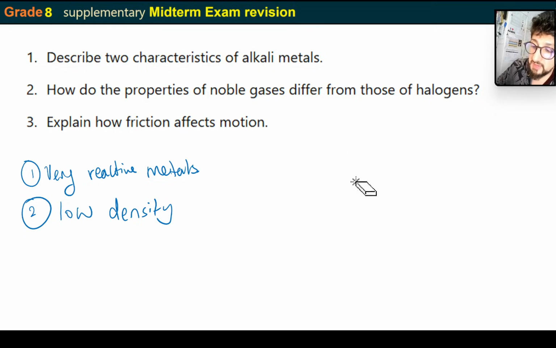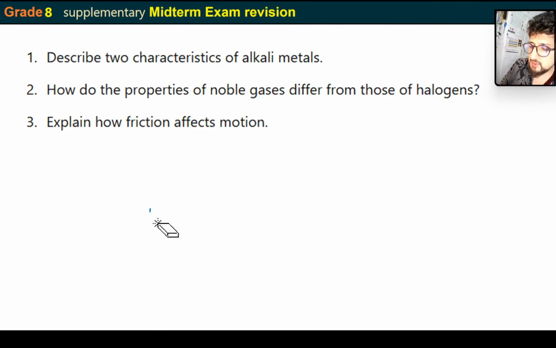Anyway, all of them have one valence electron, which means they only have one electron on the outside, which makes them highly reactive because they really want to satisfy the octet rule, which means they want to have a complete outer shell, and they just have the one electron to get rid of. So that's why they're very, very reactive. How do properties of noble gases differ from those of halogens? Well, once again, noble gases have complete outer shells.